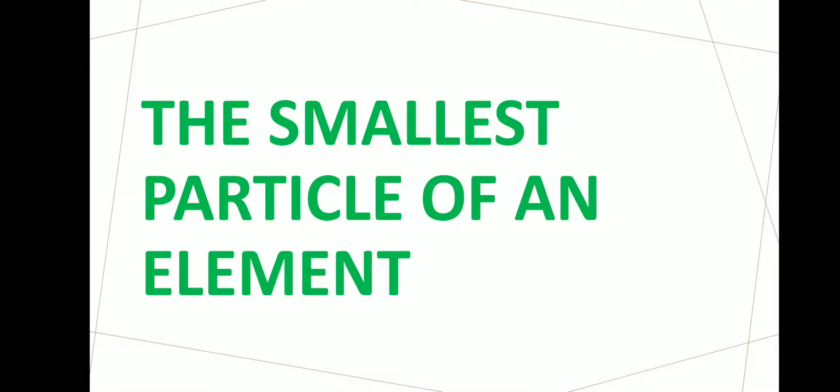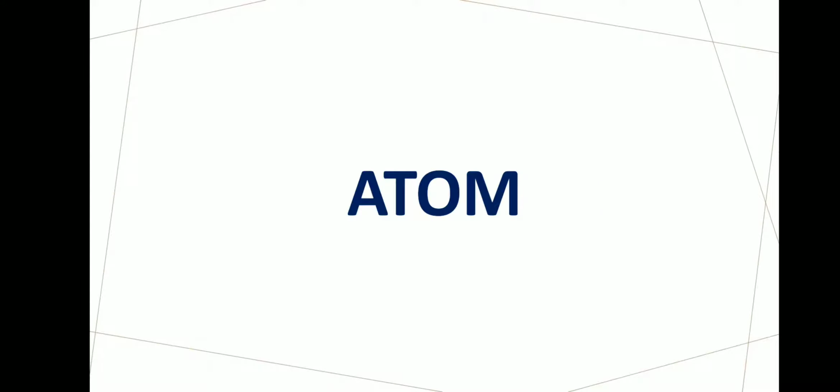Let us learn the next topic, the smallest particle of an element. An atom is the smallest particle of an element. Take an example of iron sulfide. It is composed of elements like iron and sulfur, and it is a compound.